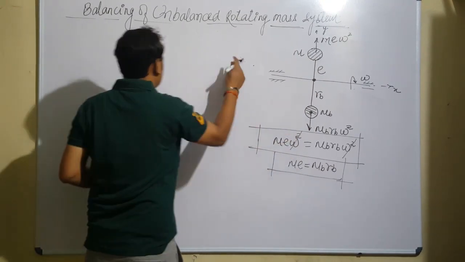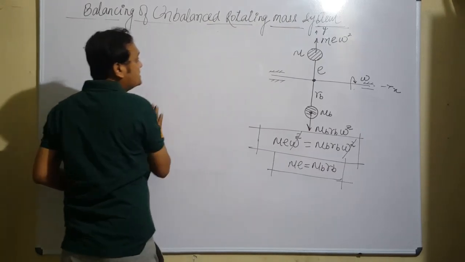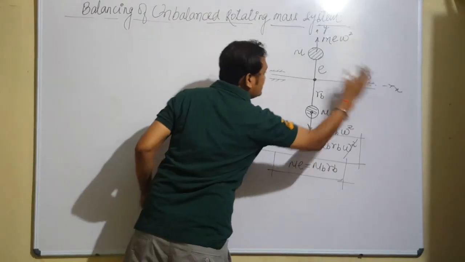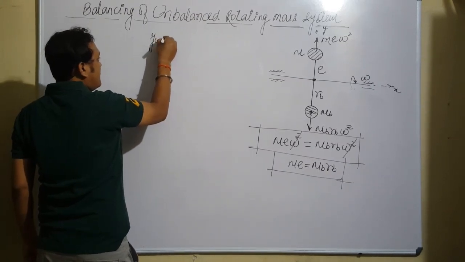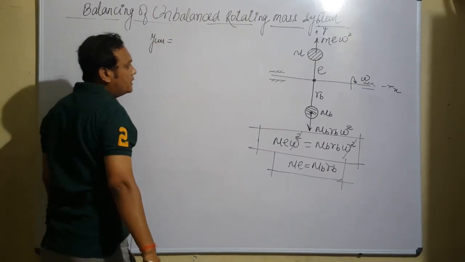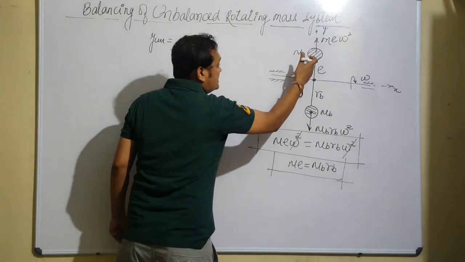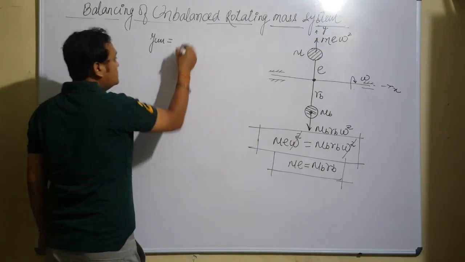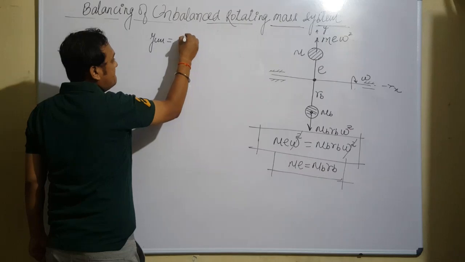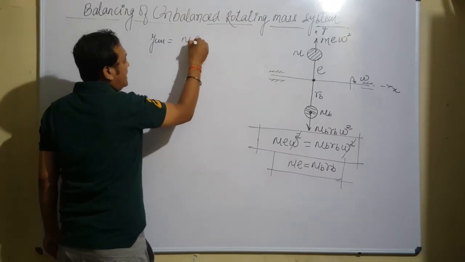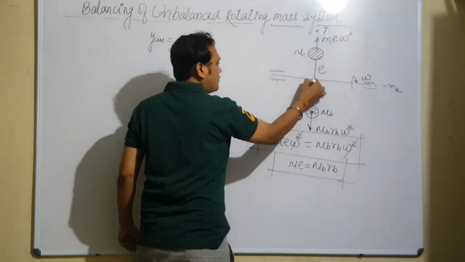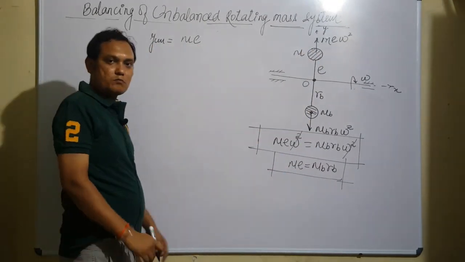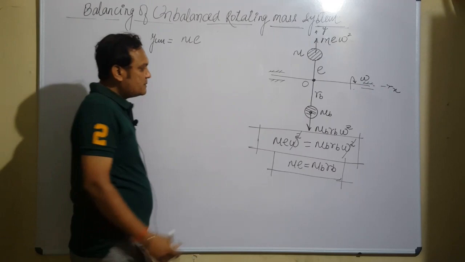So where will be my y coordinate of this system if we assume this is my y-axis and this is my x-axis? So ycm in this case will be first mass and its y coordinate. So m and its y coordinate is e, positive e with respect to origin O. Then where is my second mass?